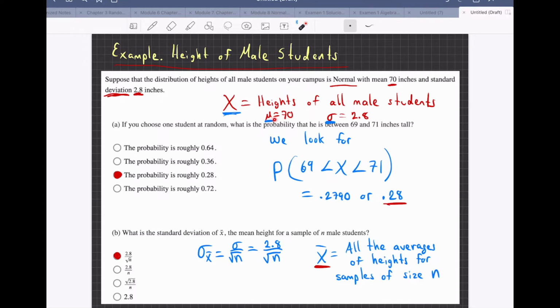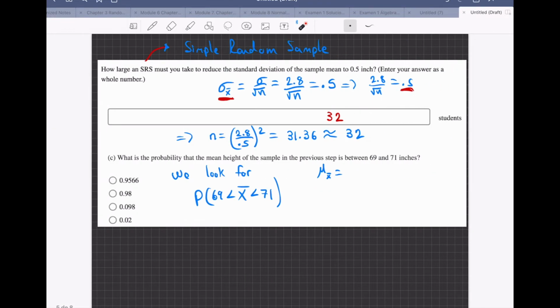The mean of the sampling mean is the same as the mean of the population, always. So this is going to be 70, and you will need sigma x bar that we have computed before. We have to use the previous value, 0.5.